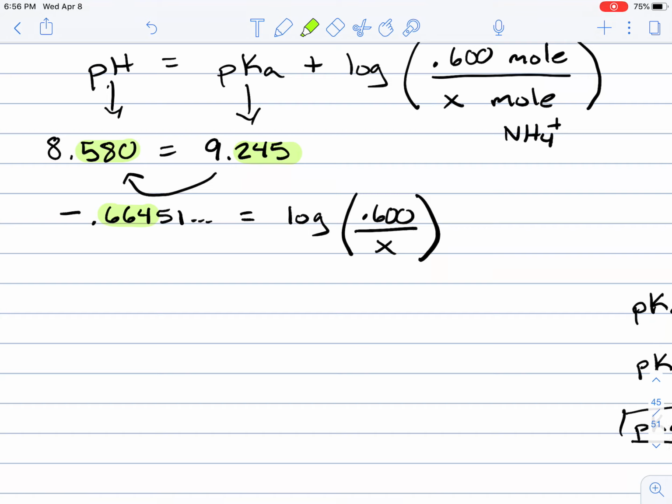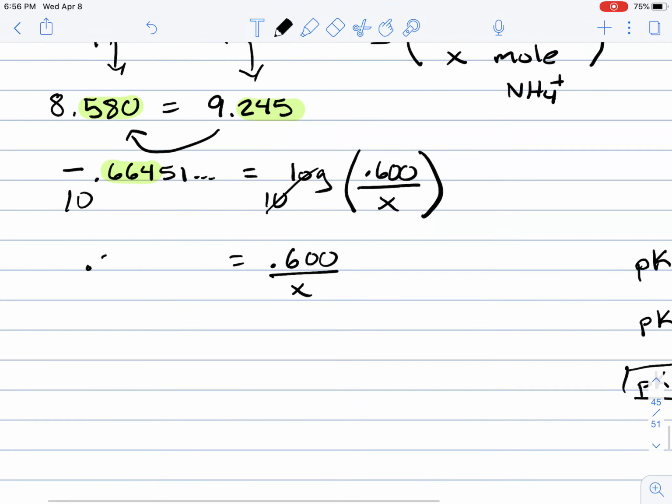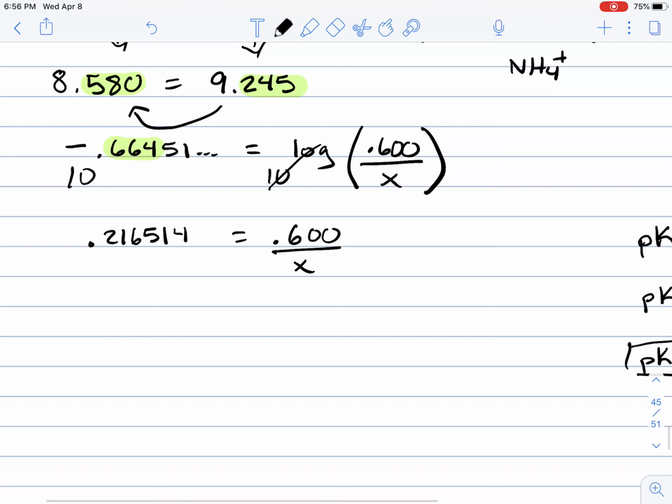And then I'm going to go ahead and take the base 10 of both sides, and I get 0.60 over x. And the value that I'm going to get is going to be 0.216514. And so to solve for x, we're going to switch the position.